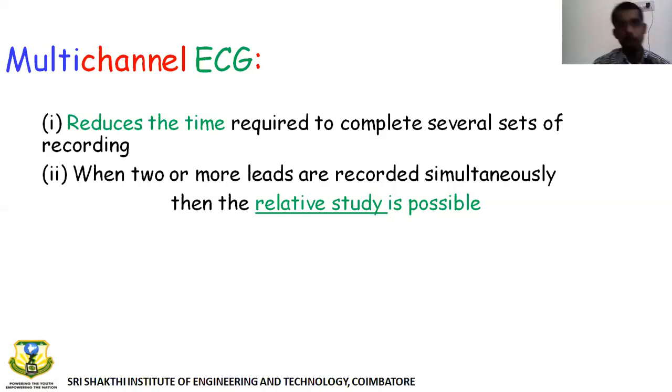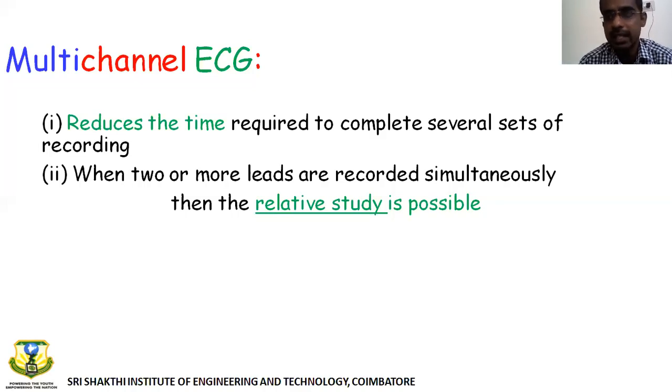For example, sometimes the doctor writes a prescription, go take an ECG and come. In that case, single-channel is far better. The cost is low. Multi-channel is for continuous monitoring. Parallelly, you monitor something. And this multi-channel ECG has another, bigger advantage: relative study is possible.